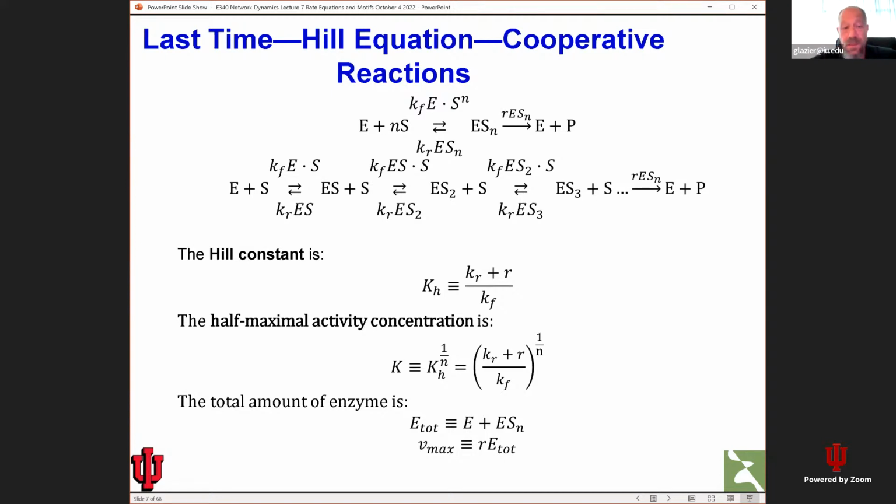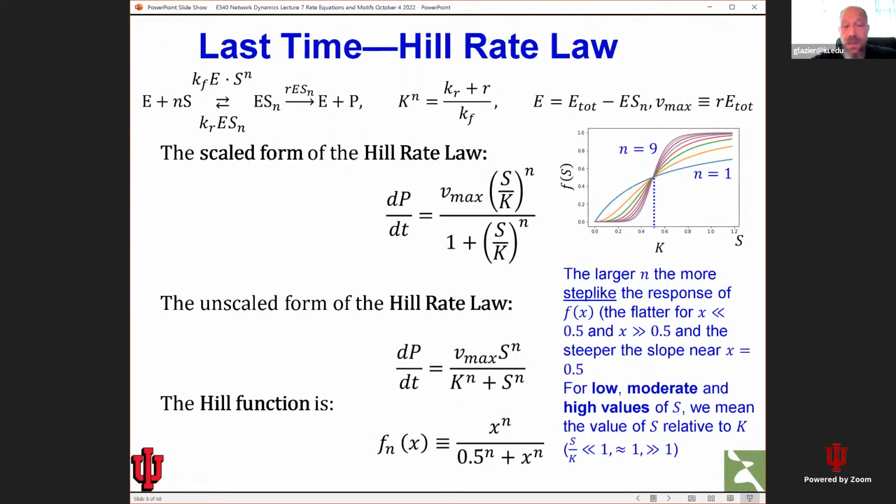Total amount of enzyme hasn't changed, the Vmax hasn't changed. And so we can then write the Hill rate law again in scaled form, where we divide by K, or in the unscaled form, where instead of K, we have a K to the n in the denominator.